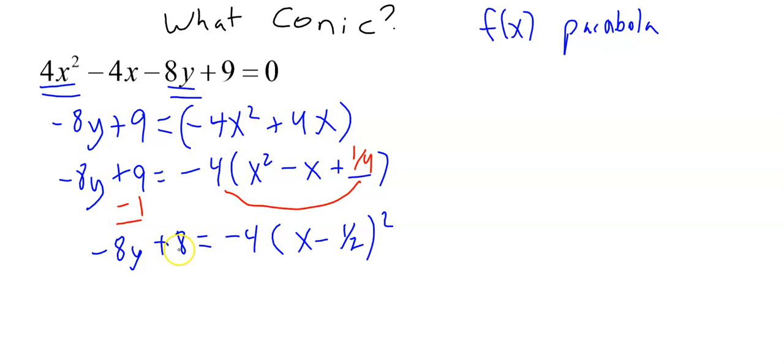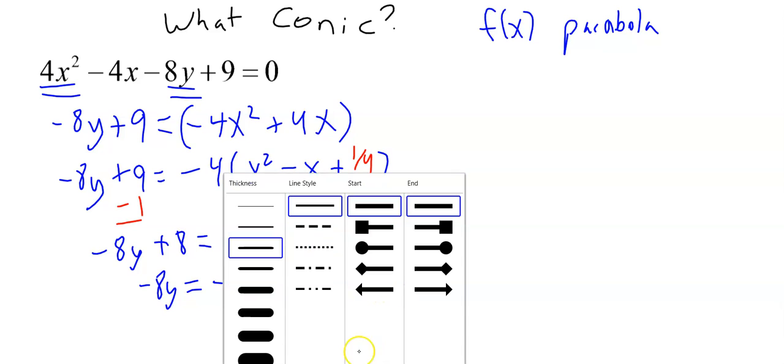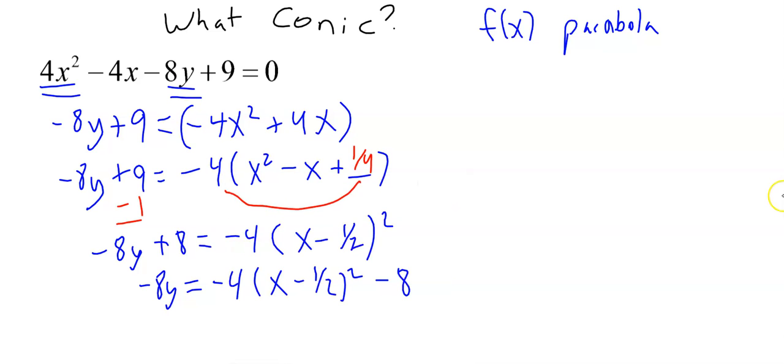And I guess we would subtract 8 then, so negative 8y equals negative 4 times (x minus 1/2) squared minus 8.